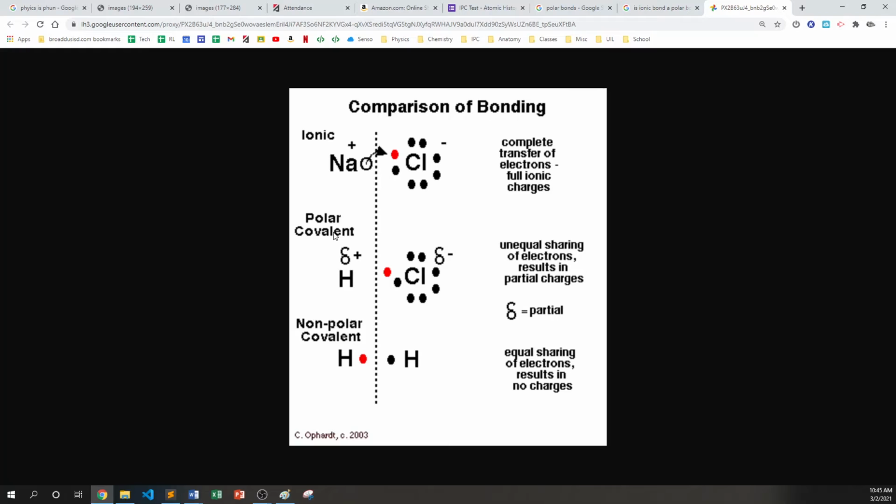In polar covalent, there is an unequal sharing. It's shared briefly with the hydrogen, but mostly the chlorine wants to hold on to it. And non-polar, there's an equal sharing. They go back and forth constantly. And there's no partial charges anywhere.